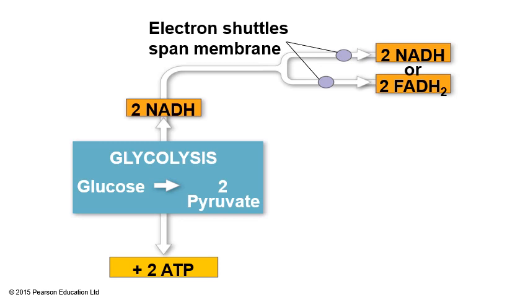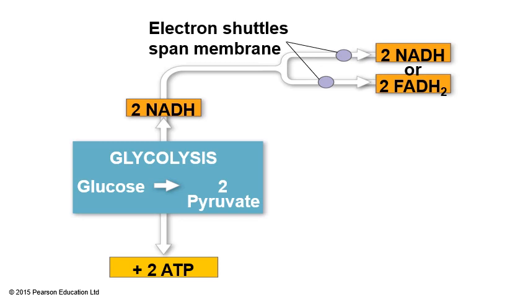Sometimes those NADH produced outside have to take active transport, and when they go through the active transport shuttle, they have to consume ATP.